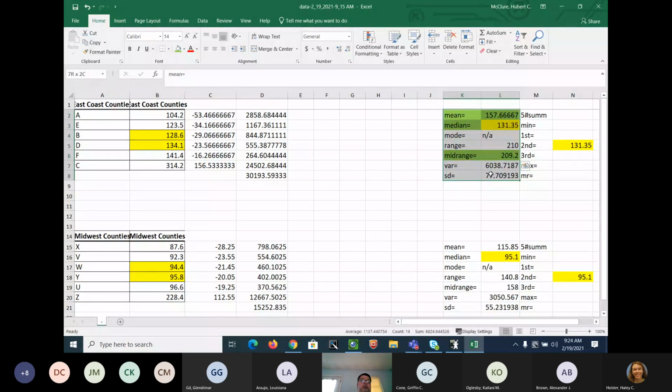Try to give you a little bit of color: this number's green, this number's green, and this number's green. And put those in a grid. 158, 131, 209, 115, 95.